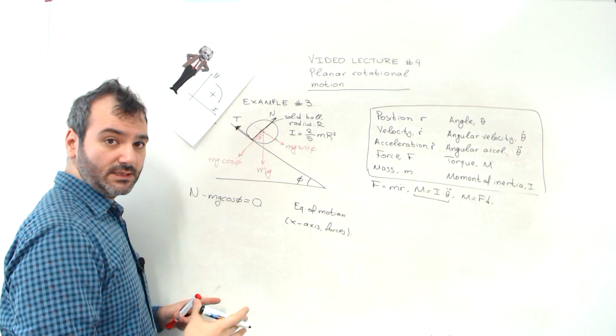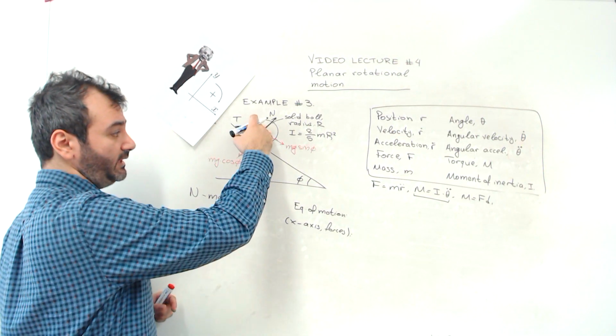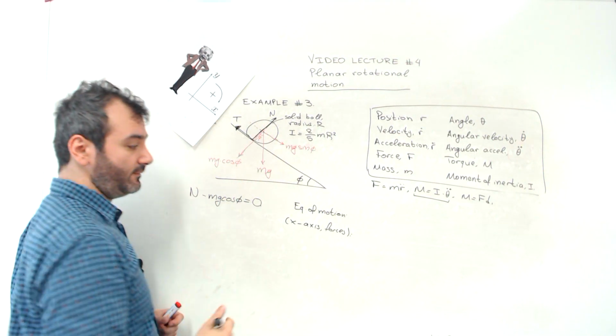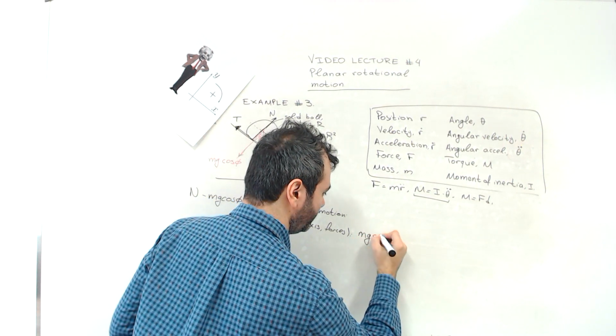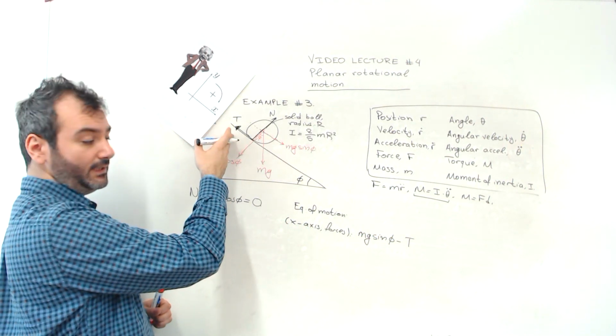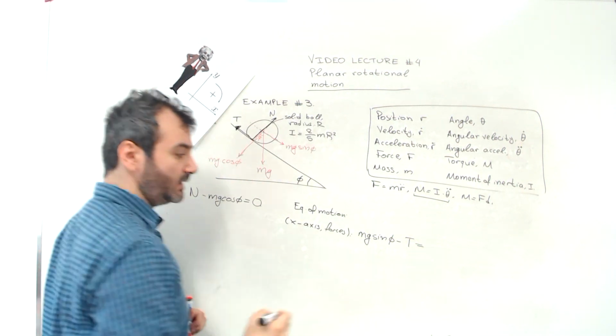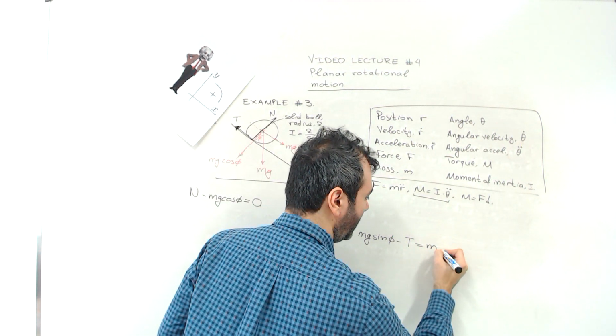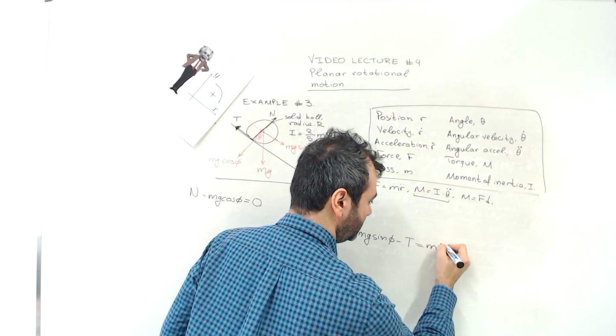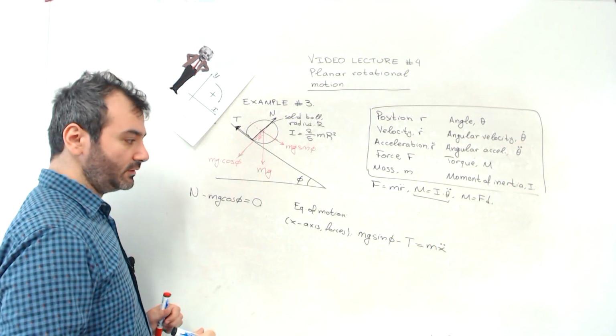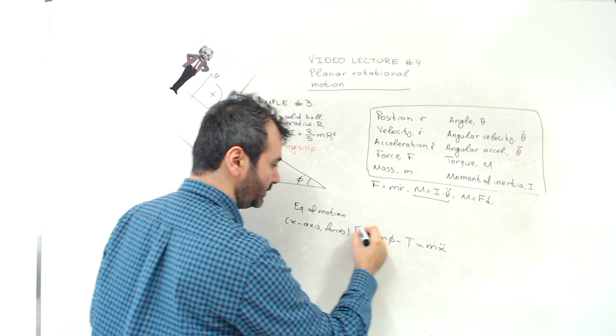Let's write the forces along the x-axis. So it is mg sine phi minus T. And this is equal, by Newton's second law of motion, to m times x double dot. So this is one equation.